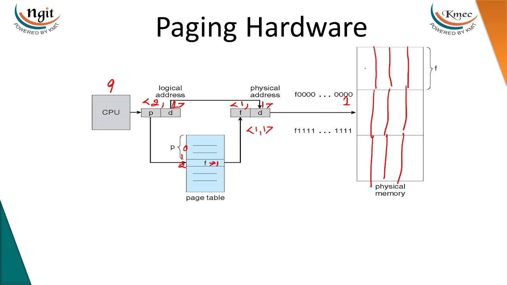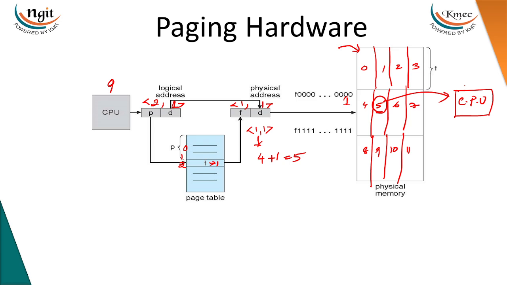Frame number 1 starts at byte 0, then 1, 2, 3, and so on. Now 1 into page size, that is 4, plus 1, the fifth location. It will be fetched and sent to the CPU. So the CPU says 9, but actually the main memory byte number is 5. This physical byte value will be sent to the CPU for execution.